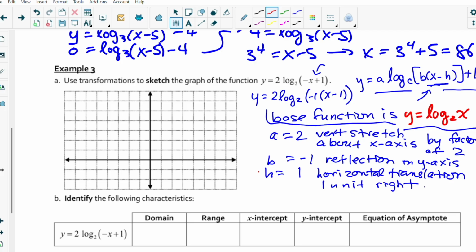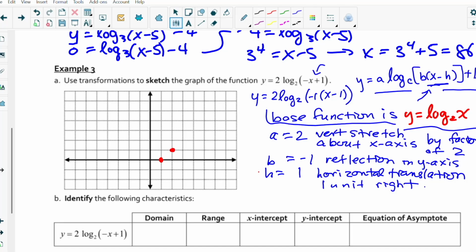Let's graph our logarithmic base function first, y equals log base 2 of x. At x equals 0, we can't do that, that's the vertical asymptote. x equals 1, y equals 0. x equals 2, y equals 1.